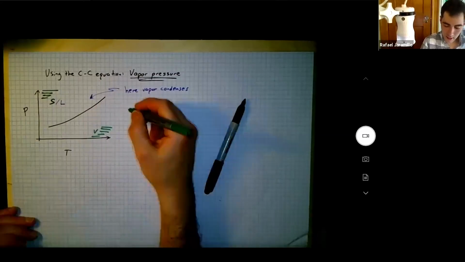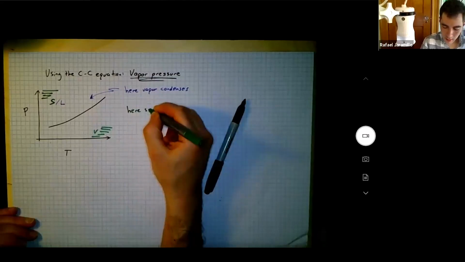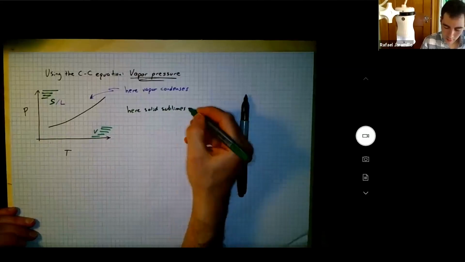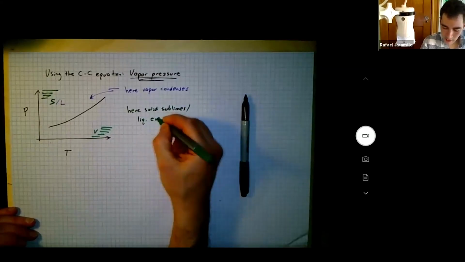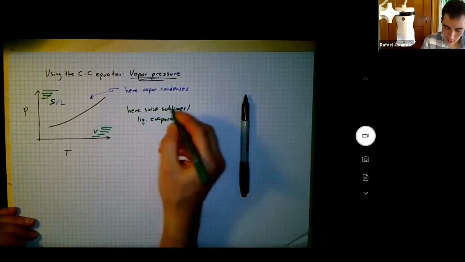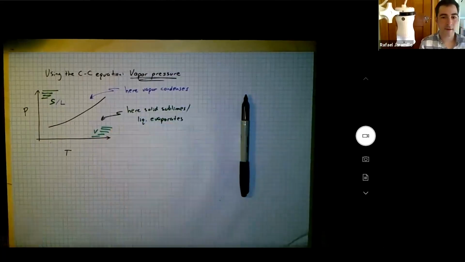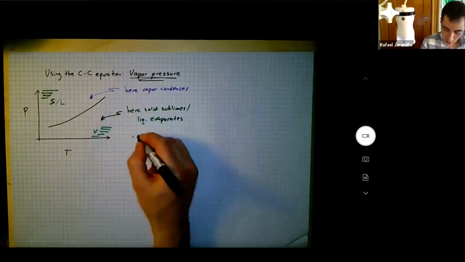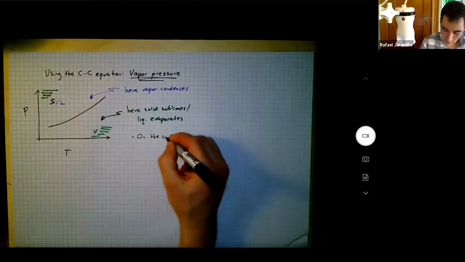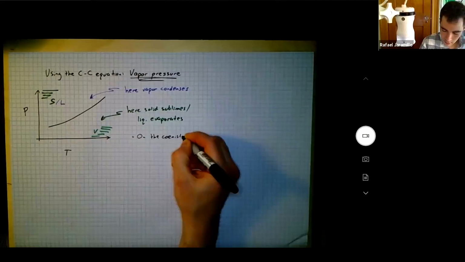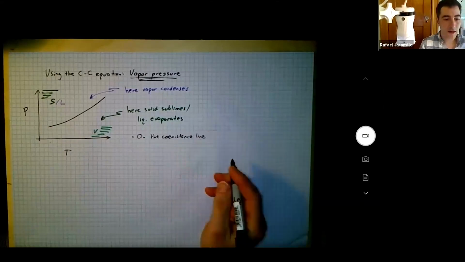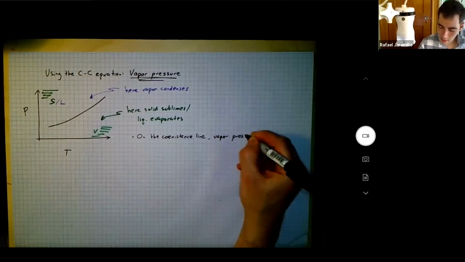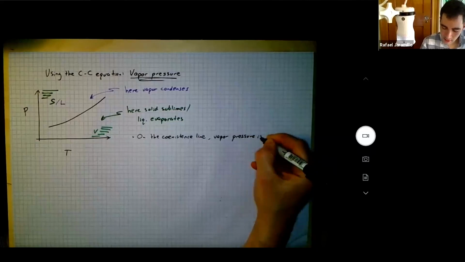And here, solid sublimes, or liquid evaporates, as the case may be. So that's the meaning of this phase diagram. On the coexistence line, vapor is saturated. That's an important word.